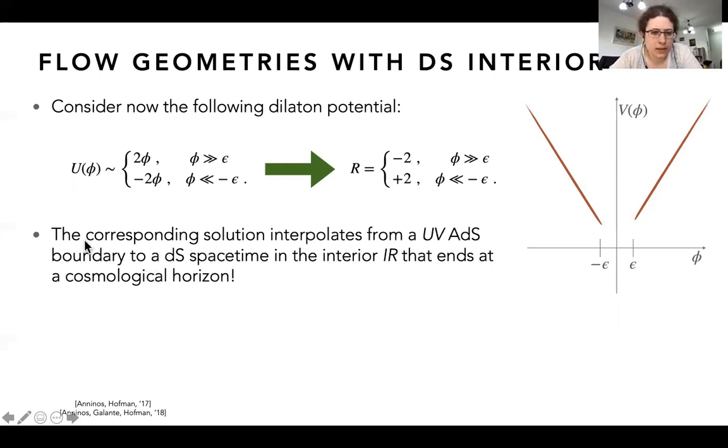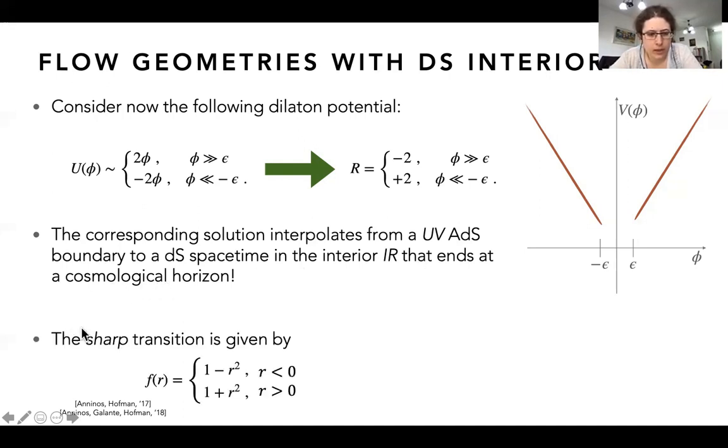So as I said, the corresponding solution interpolates from a UV ADS boundary to a de Sitter spacetime in the interior infrared that ends at the cosmological horizon. And now if I do a sharp transition, that's not going to really matter. I mean, I can smooth it in some way, but for the calculations that I will show you, it doesn't matter.